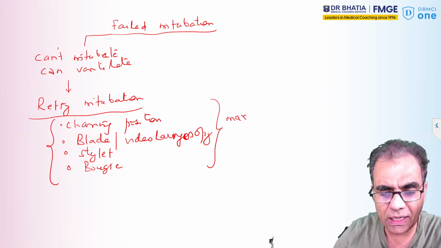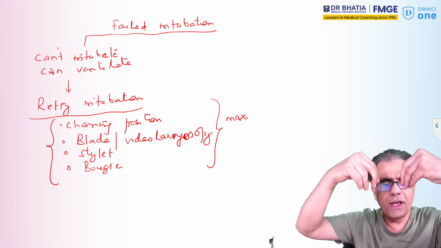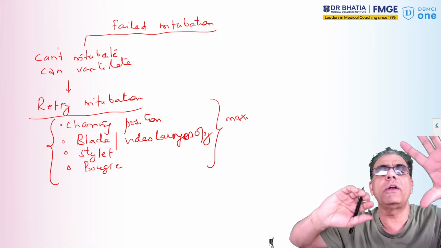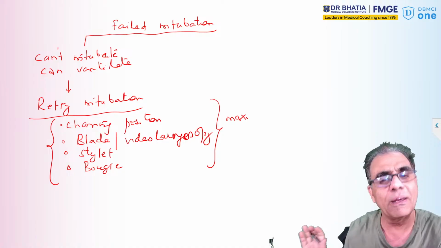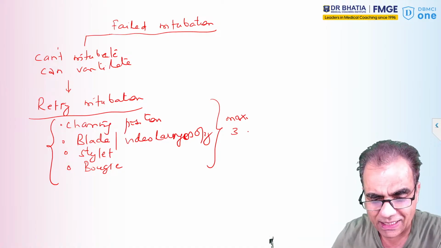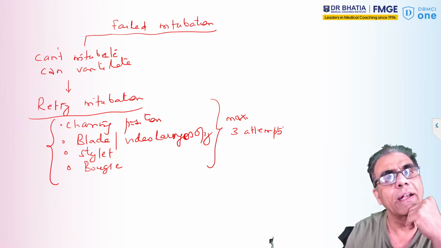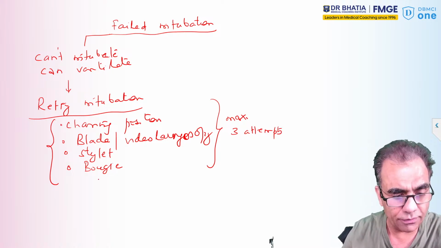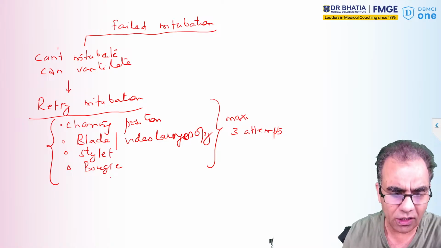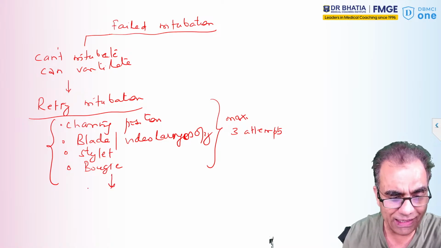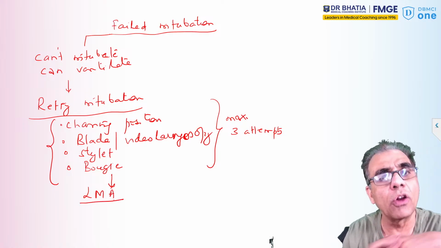But if you are not able to intubate even after changing position, no problem, ventilate for some time, oxygenate the patient, but the maximum they say is 3 attempts. Three attempts you can try. Or if you have still failed, then you can try a laryngeal mask airway, LMA, that is a supraglottic device.